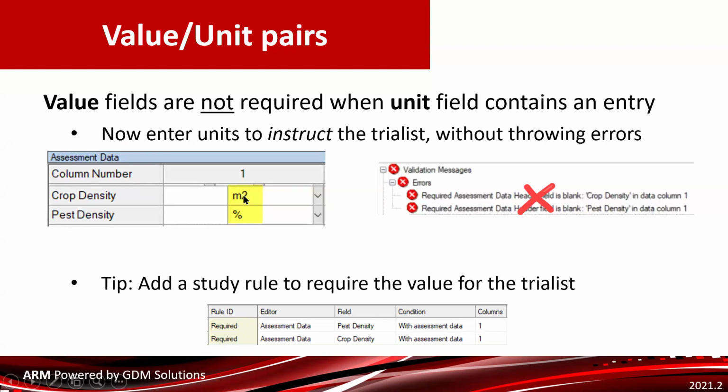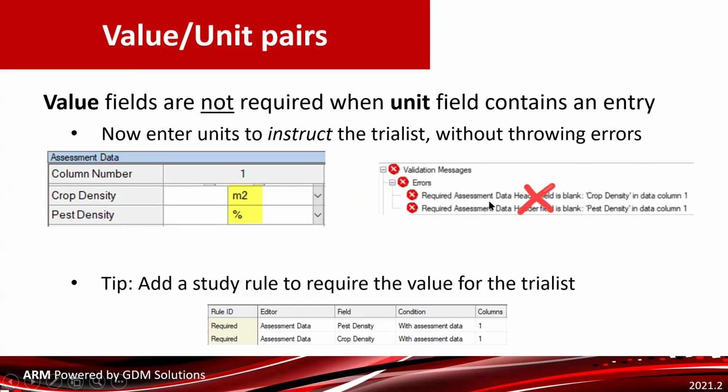If you're in a protocol, a lot of these fields do not have a requirement if you fill in the unit, but without a value. Because the idea here is we want the ability in a protocol to instruct the trialist what unit you want that to be documented in. So here I'm wanting to say that crop density, please record it in square meters and please put the pest as a %.